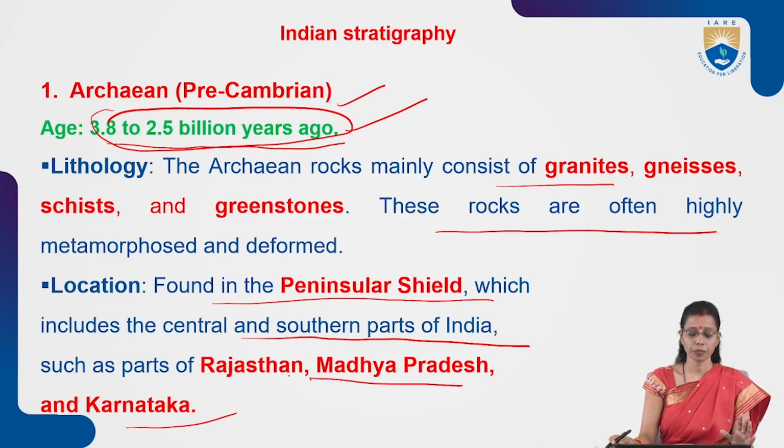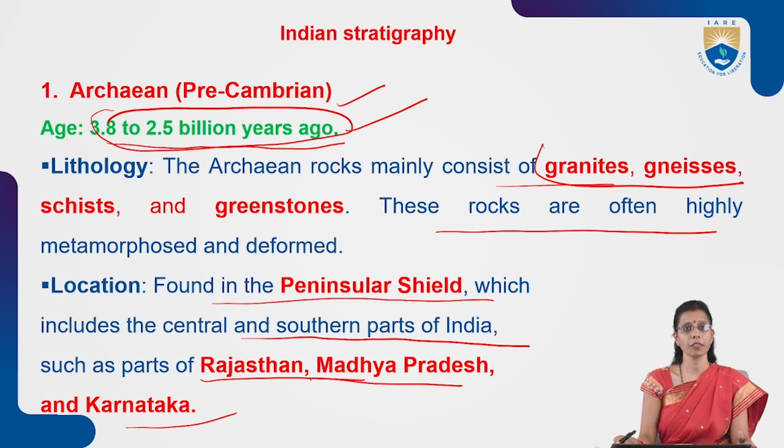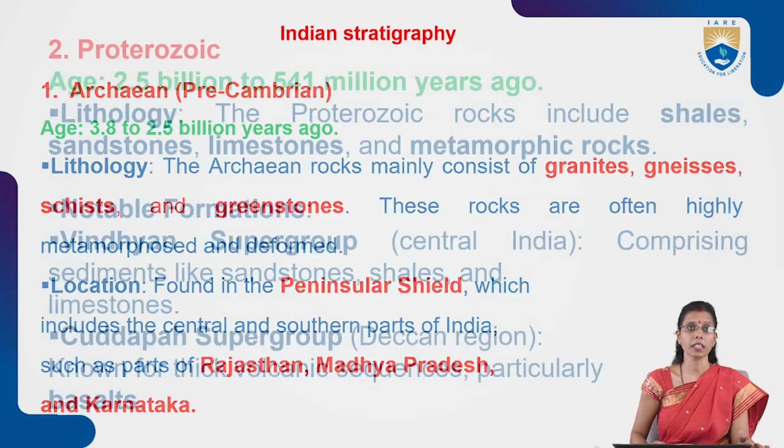So if we identify these areas and go for an examination of them, we may find rocks like the granites, gneisses, schist and greenstones in these parts of India, like Rajasthan, Madhya Pradesh and Karnataka. Most of the western and southwestern parts of India may have these kinds of rocks which belong to the Archean age.